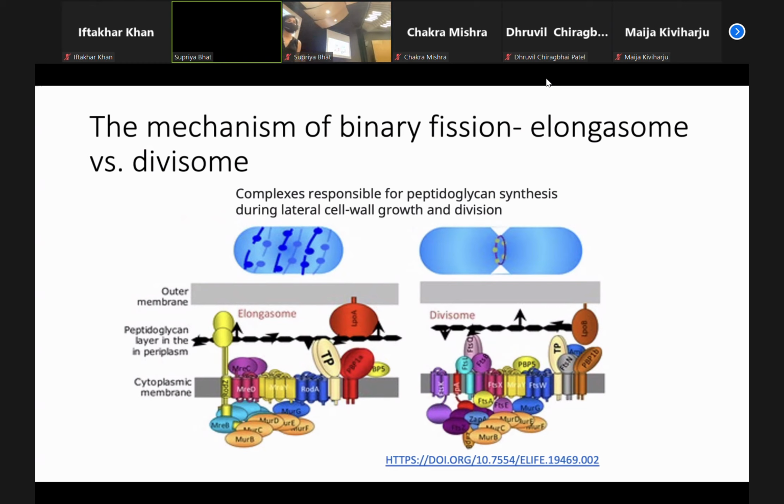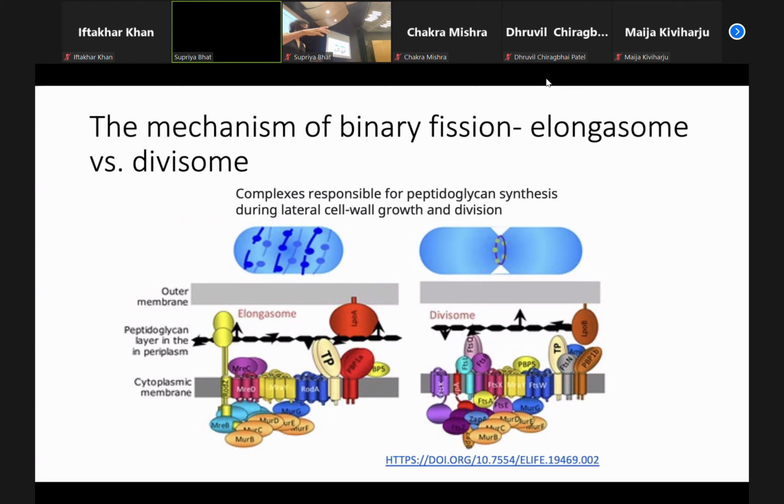It is always present only in the middle of the cell, and it has a unique set of proteins, the Fts proteins. The Fts proteins help in the constriction of the inner membrane and the outer membrane, and the peptidoglycan precursors are added to the center, the Z ring or the septum right in the middle.